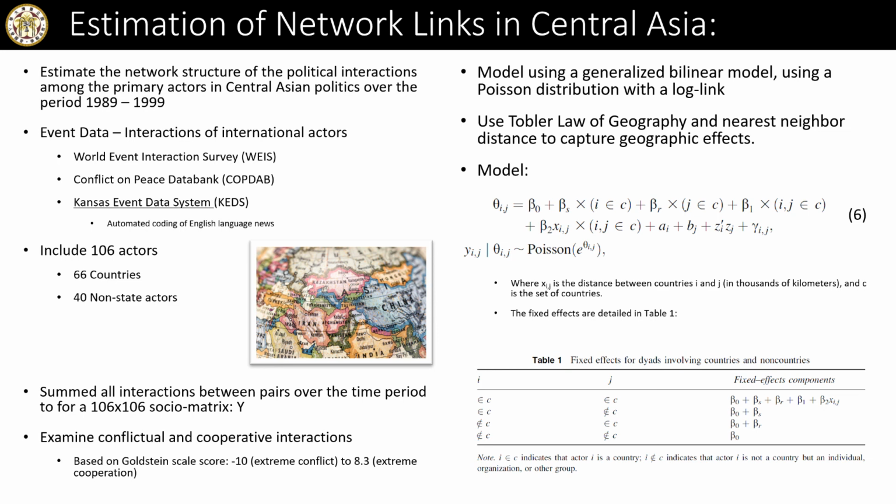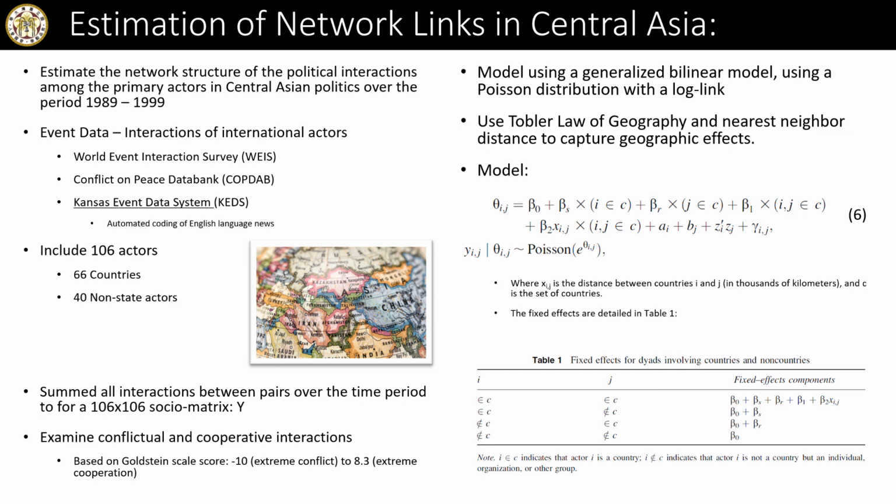Listed below is their model of parameters. Here, y sub ij given the parameters theta is Poisson distributed. X sub ij is the distance between countries i and j in thousands of kilometers.